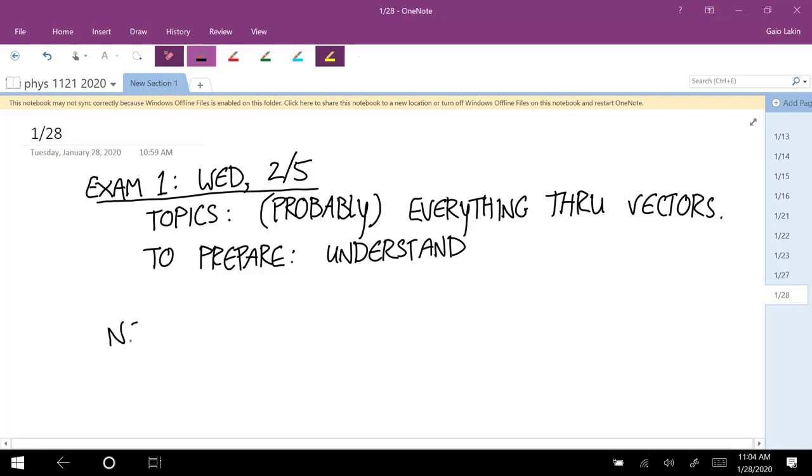So the new topic, well, what we're getting into, is two-dimensional particle kinematics.